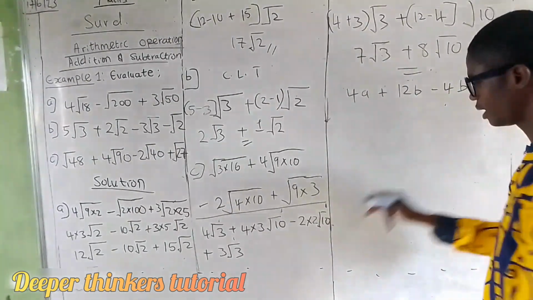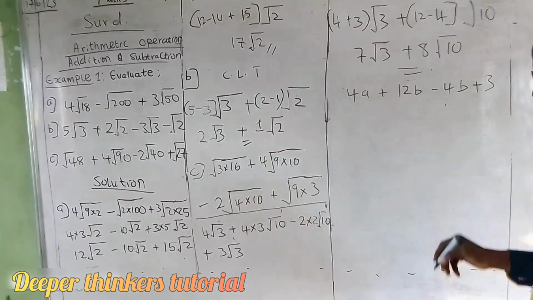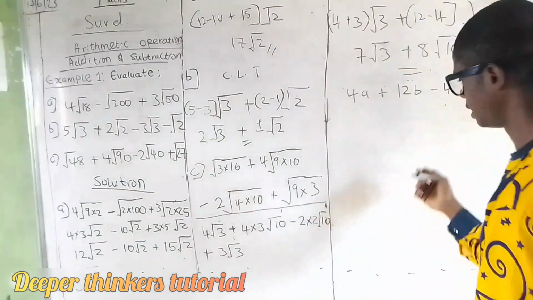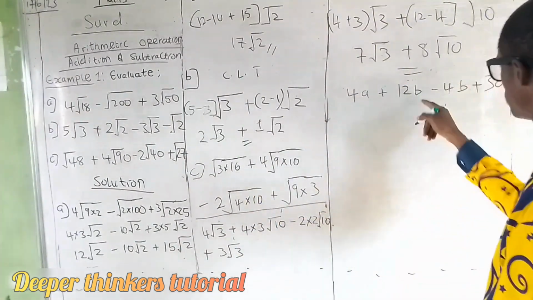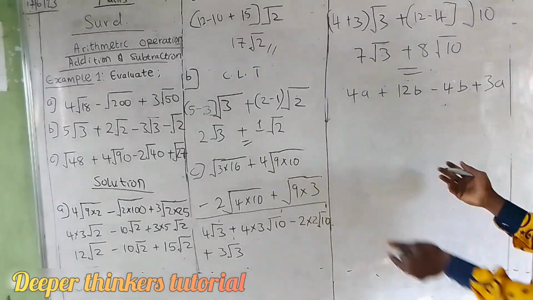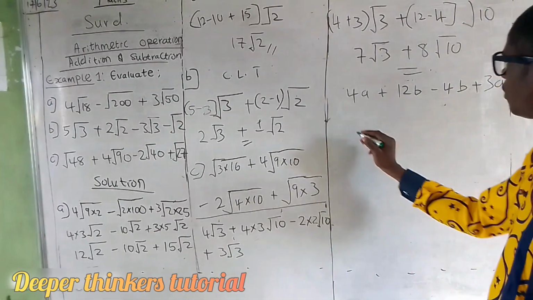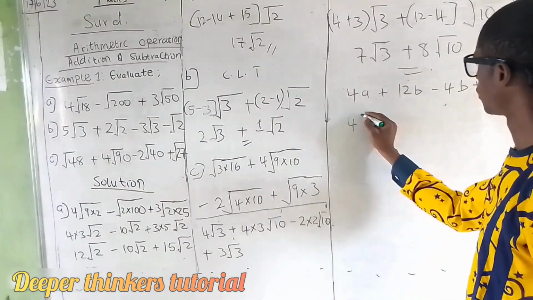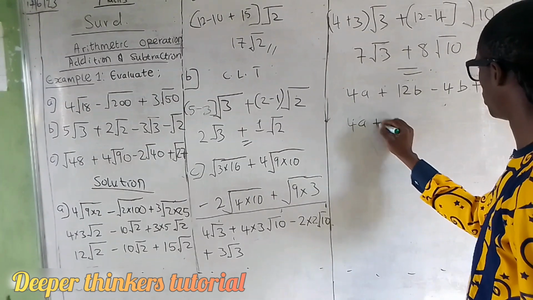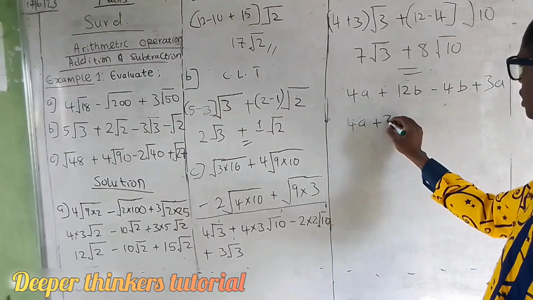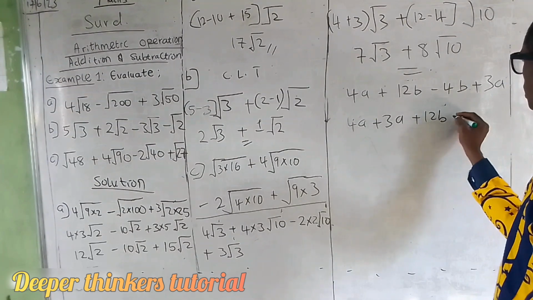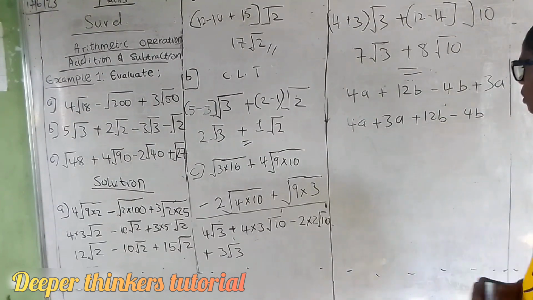Then plus finally we have 3a, because I took root 3 as a, and I took root 10 as b. So collecting like things, you can easily just do this, and then when you get your final answer, you put back your values. Then here we'll have 4a plus 3a, then plus 12b minus 4b.